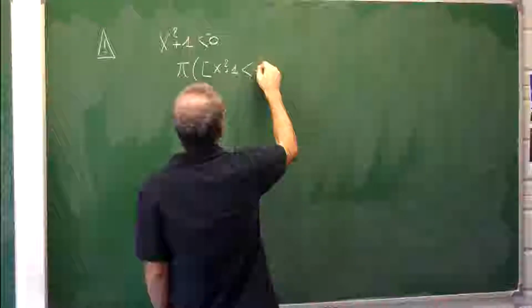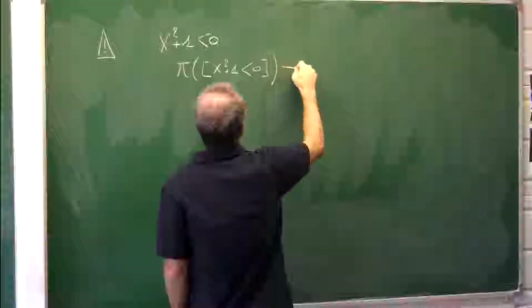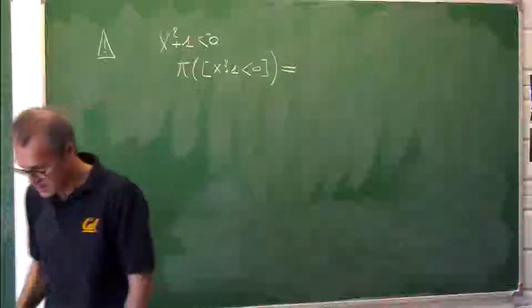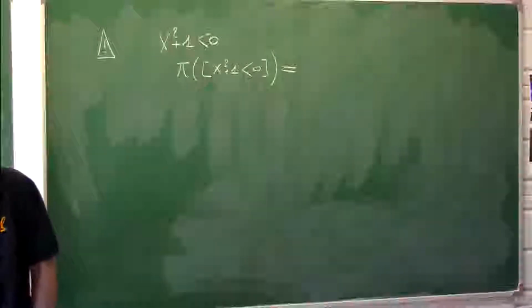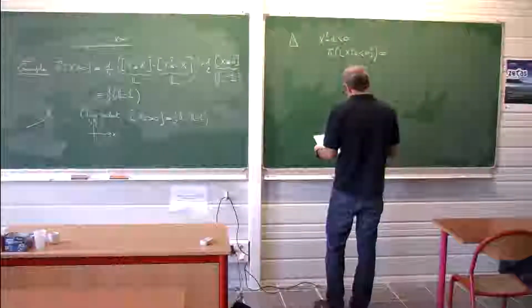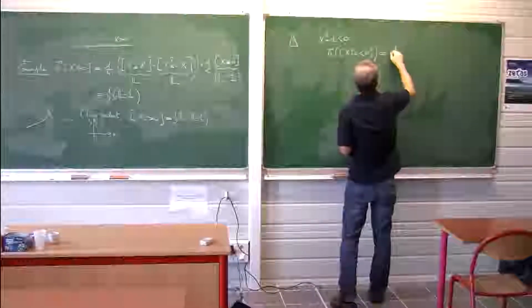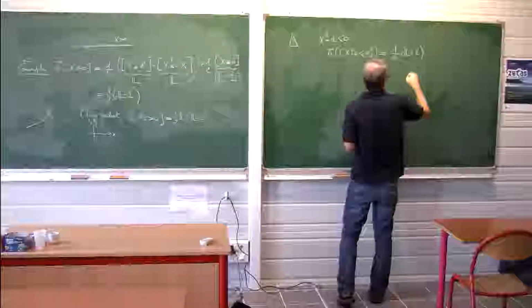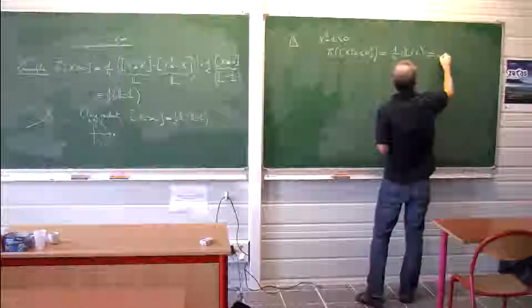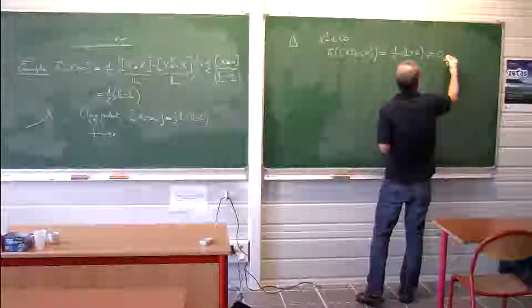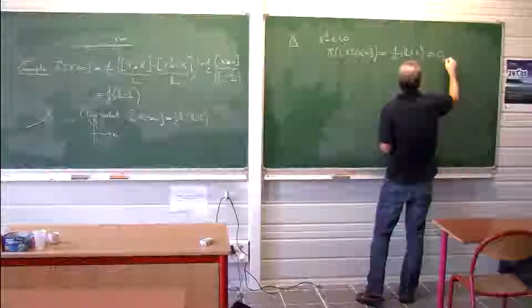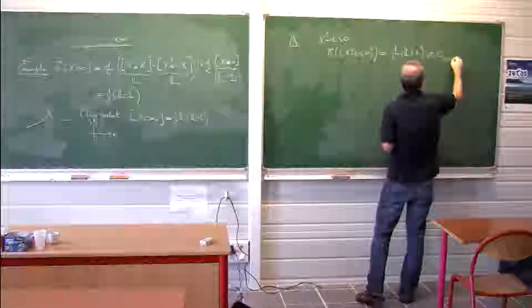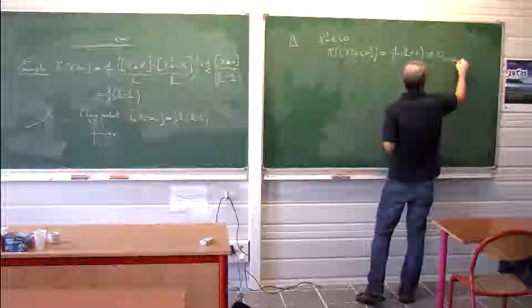Okay? Nevertheless, a quite easy computation gives 1 over 4 L plus 1, which is not 0 in the Grothendieck ring.